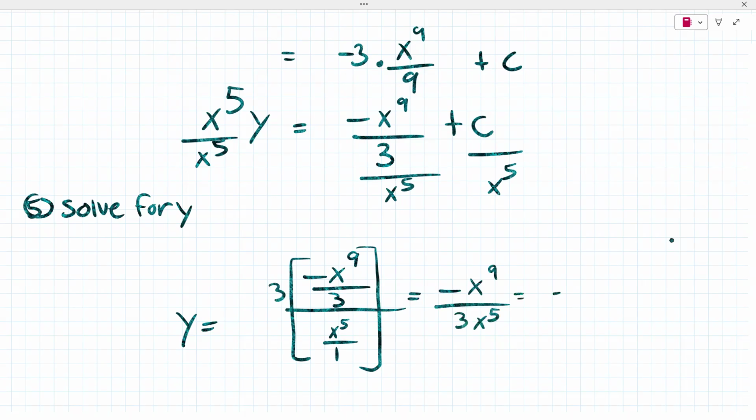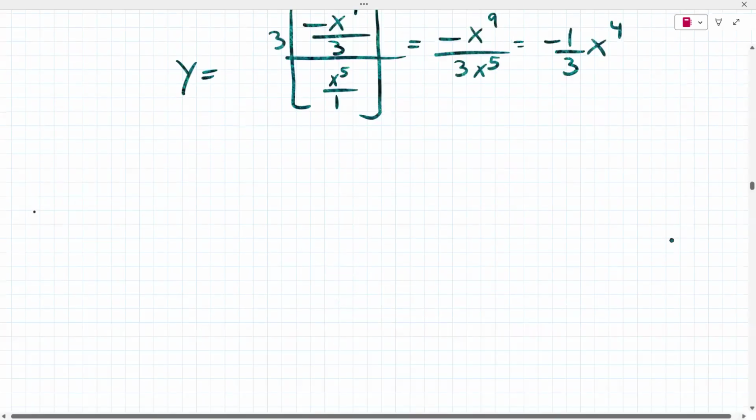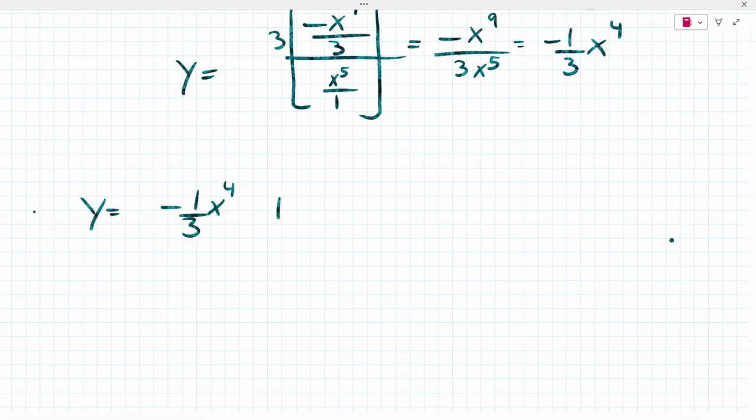That simplifies as negative 1/3 x, 9 minus 5 is 4, so negative 1/3 x^4. And then c over x^5 can be written as c x^(-5). So your final answer is y equals negative 1/3 x^4 plus c x^(-5). This is your explicit general solution.